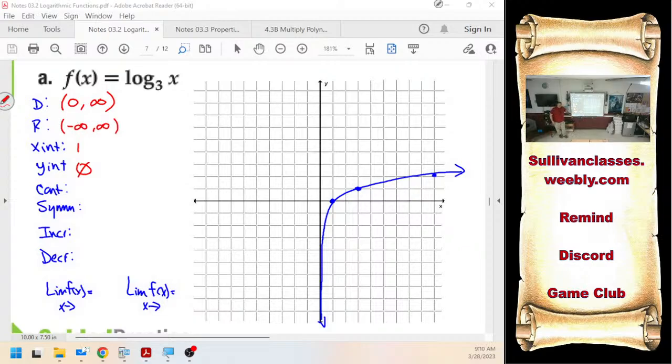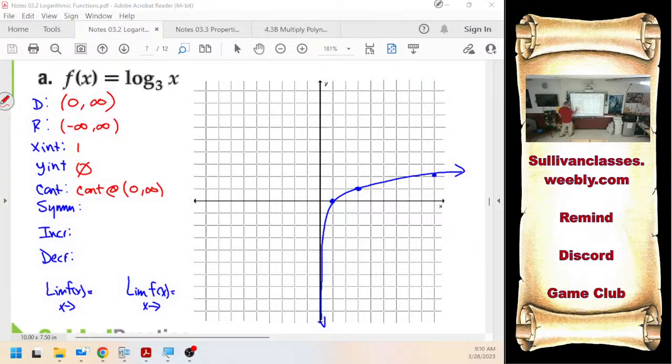Okay, continuity. How did we say this? It is continuous, but you have to say where. So don't just say continuous, say it's continuous from 0 to infinity, because from 0 to negative infinity, it's not continuous, it doesn't exist.